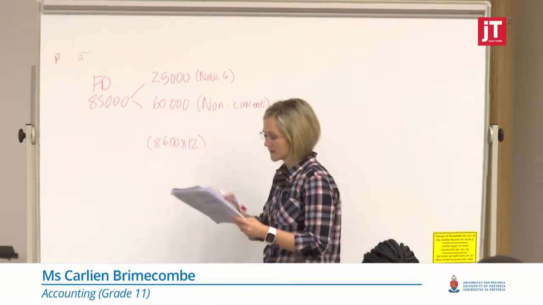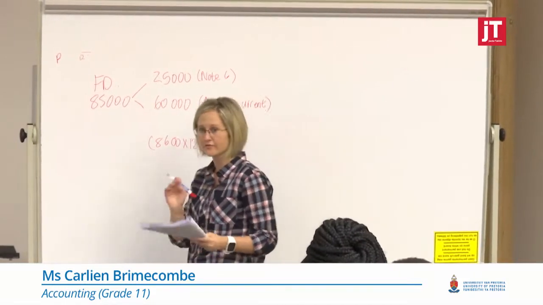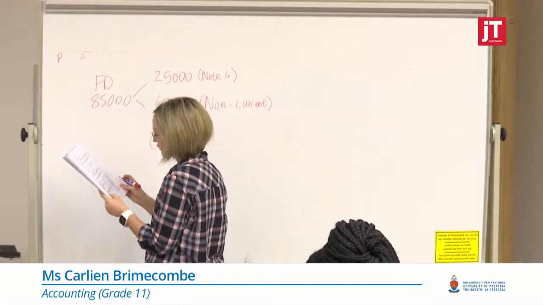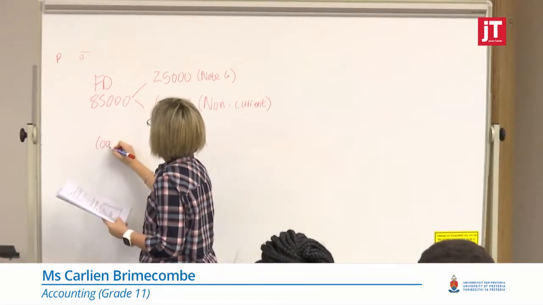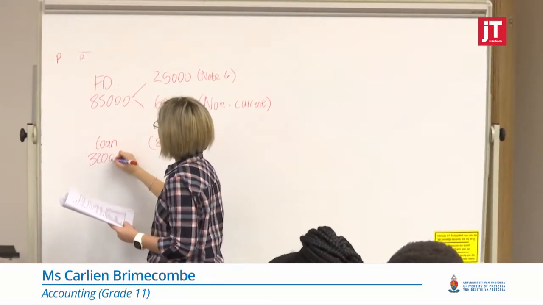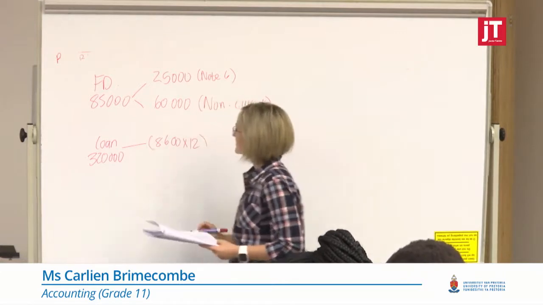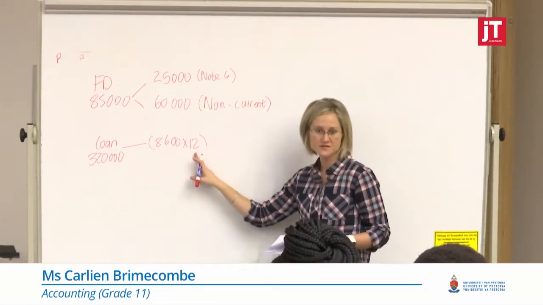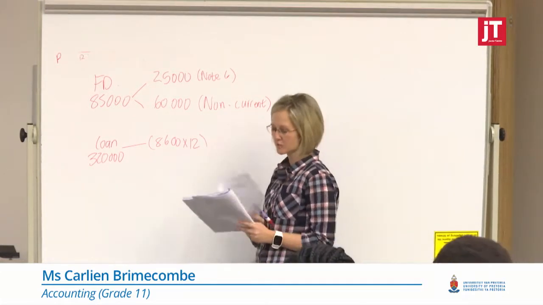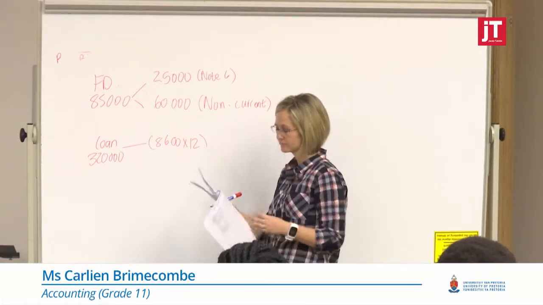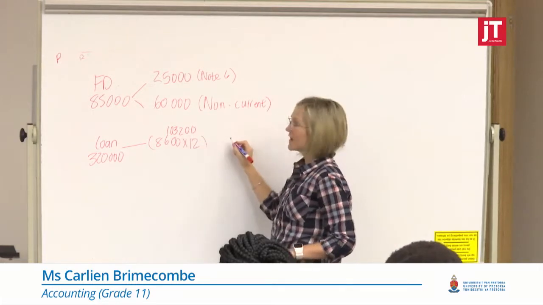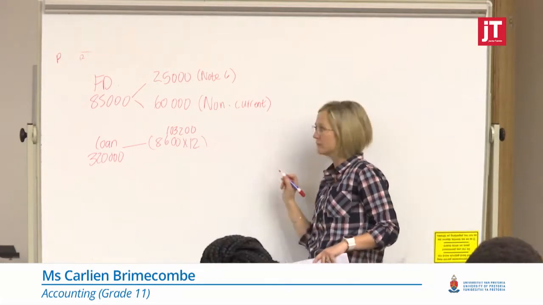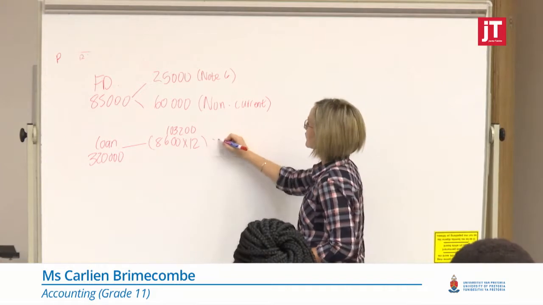And why am I doing this? On the list of balances, on the face of your balance sheet, you've got loan, 320,000. Of this, 8,600 times 12, which is equal to 103,200, will be paid over the next 12 months, which means we need to take it where?